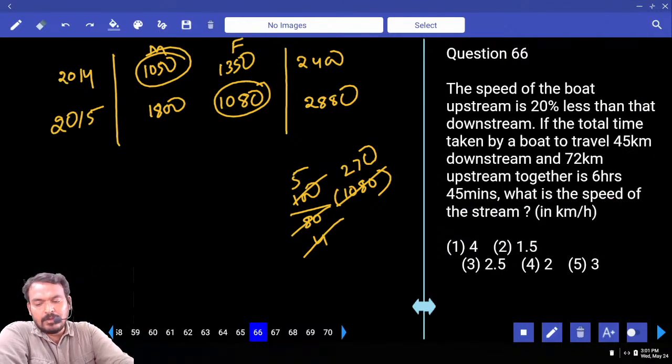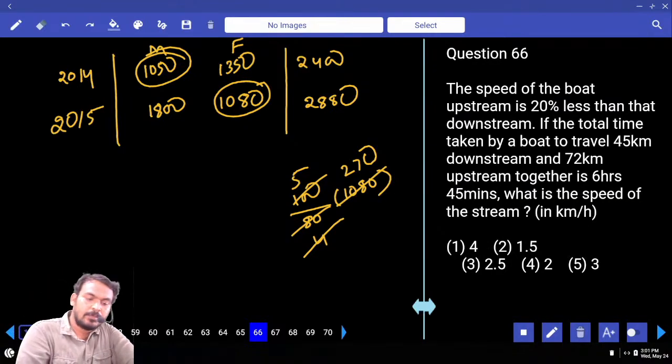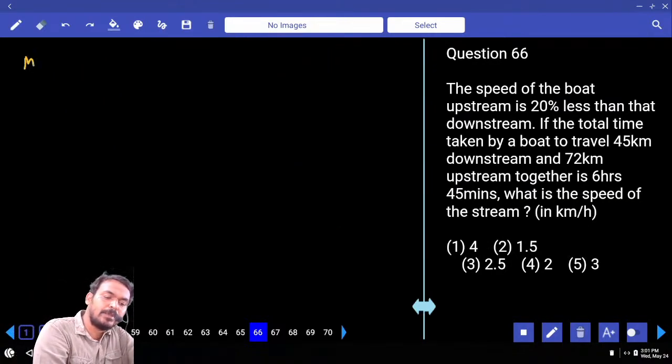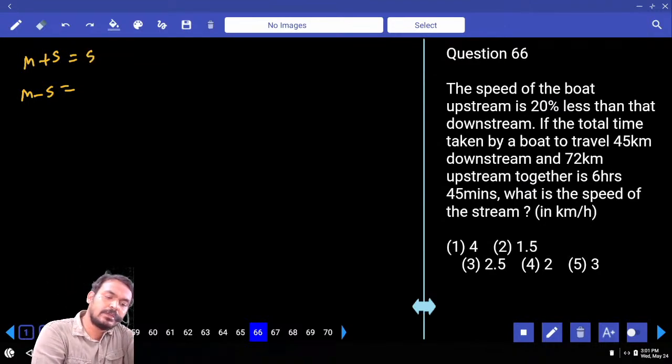The speed of the boat upstream is 20% less than which one? Downstream. Upstream speed compared to downstream speed is 20% lesser. Suppose downstream speed m plus s, upstream speed m minus s. Upstream compared to downstream 20% less, means downstream speed is 5 parts, upstream speed is 4 parts.